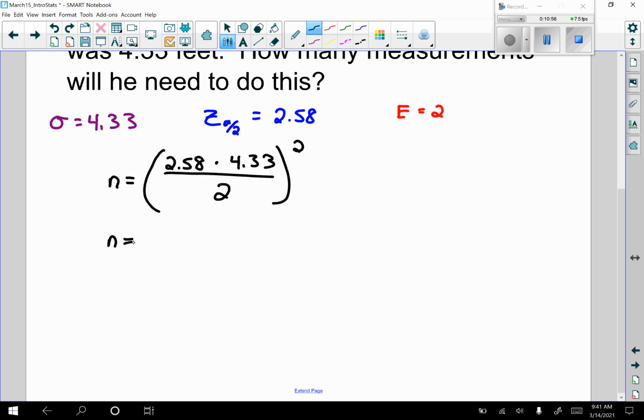So go ahead and calculate that. And remember, we always want to round up. So first write out what n comes out to approximately, and then we'll say the sample size is the value after we round.